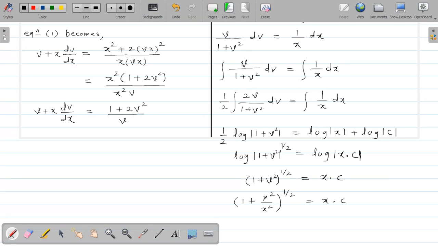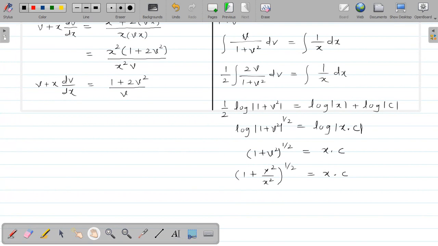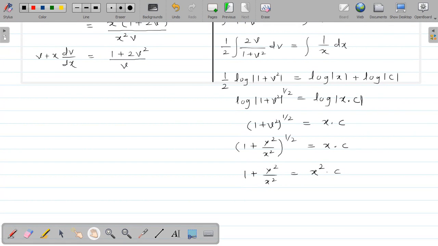Now if you take the square on both sides for the simplification, then we get it is 1 plus y square upon x square is equal to x square into, it is actually c square, but you can write it as c only because it is the arbitrary constant, so no need to take the square of that.